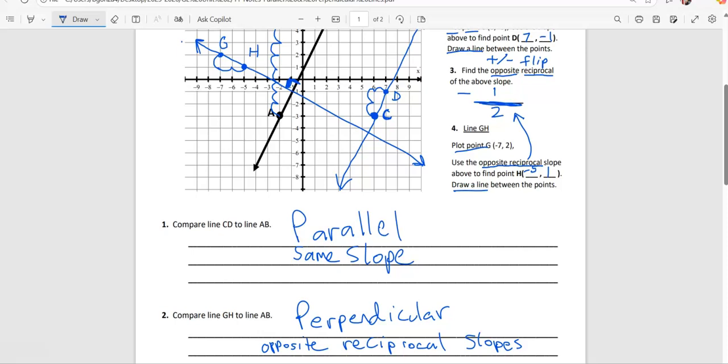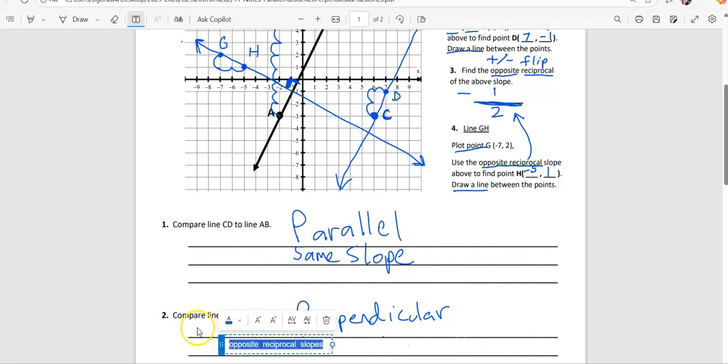Perpendicular has an opposite reciprocal slope. All right, ready?